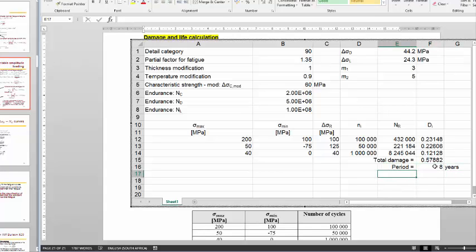And then it means the fatigue life, in this case, will be equal to 8 years divided by the total damage. And as we can see there, it's approximately 13.8, and the unit is years. And that is how we perform the calculations.